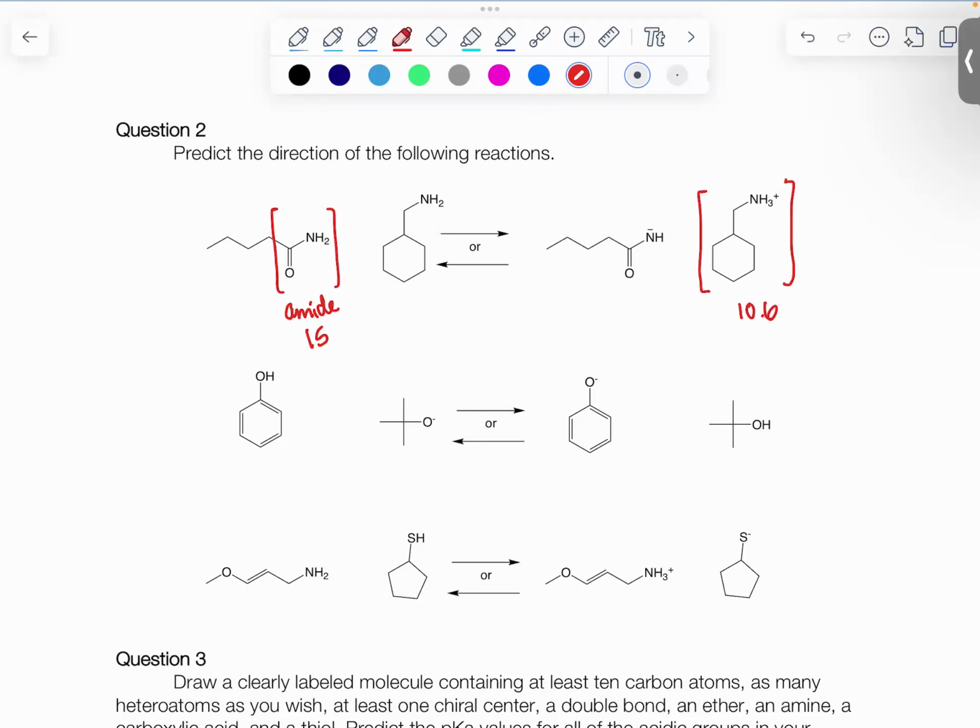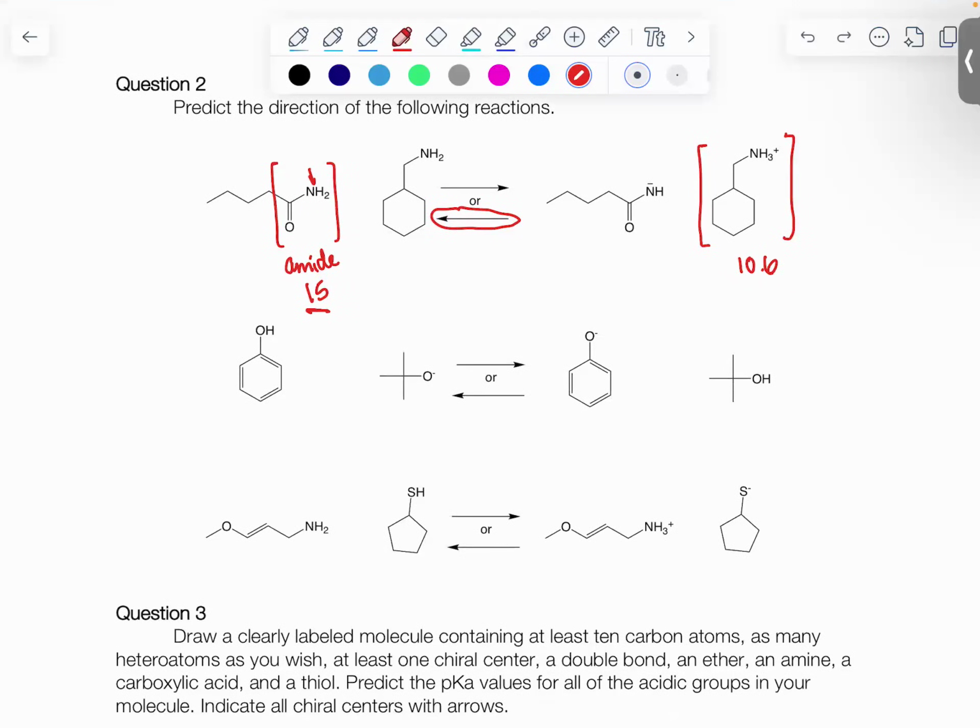With these predict the directions, you always want to point to the higher pKa because that is the stronger bond for the hydrogen, less likely to come off and be in this basic form.